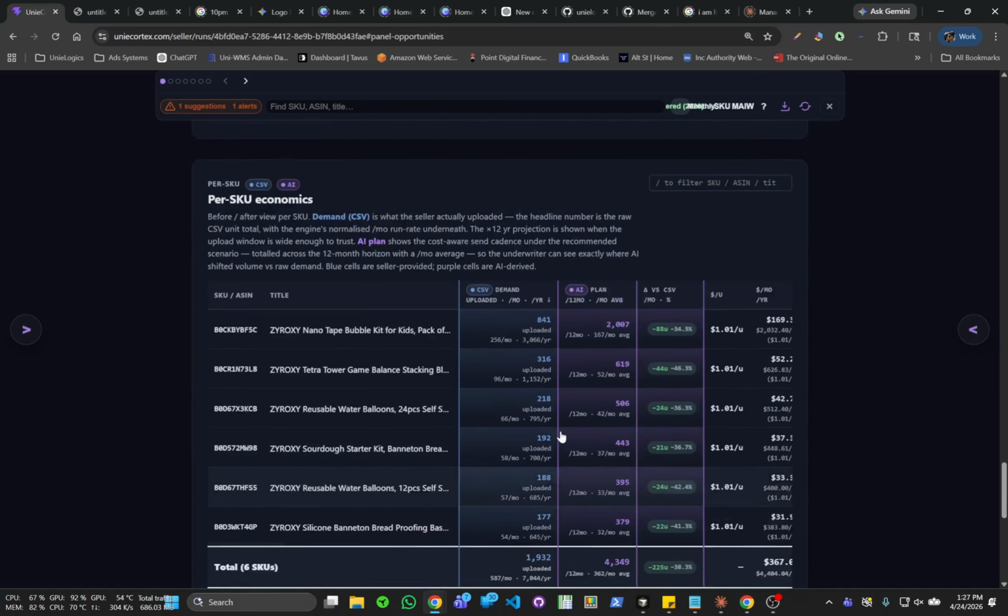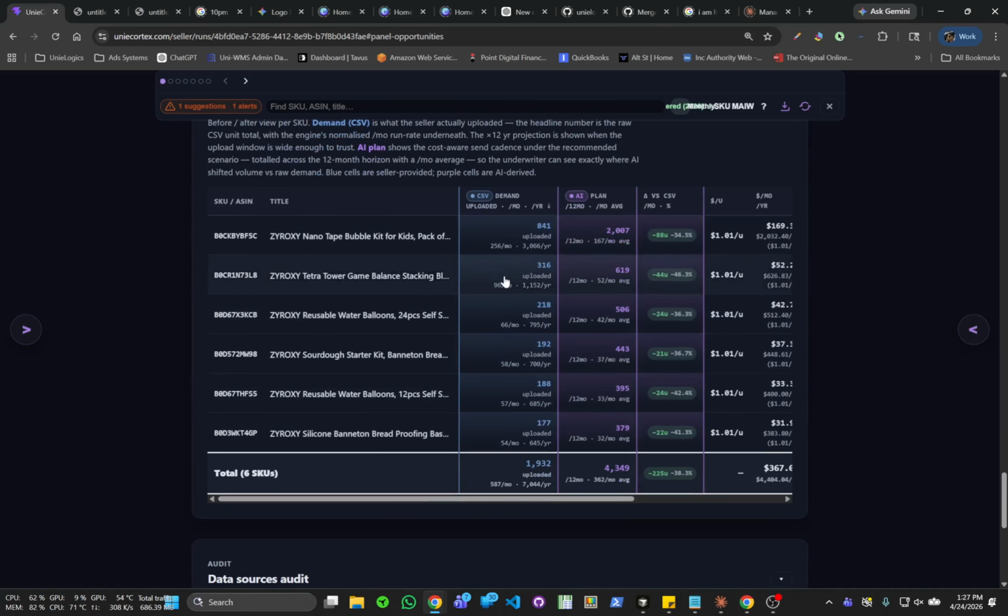Originally, this client had 1,932 units, right? This is what they sold. And this is how the inventory breaks down. And then based on patterns of sales and other things, we adjusted the plan so that the user, the seller, is now focused on sending slightly over 4,300 units.